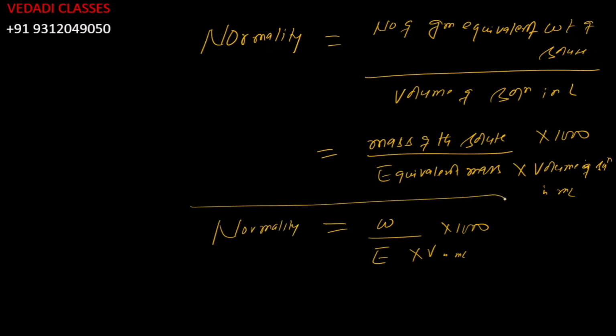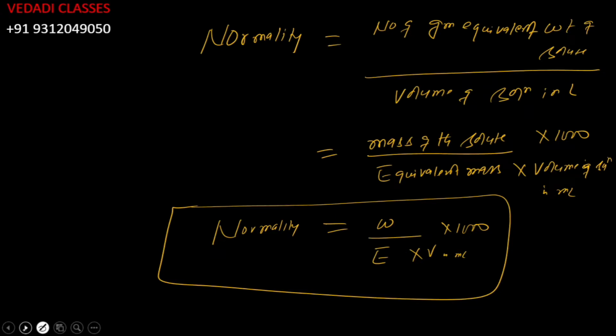So these are the simple things. Now we have to understand what the equivalent weight or equivalent mass is. So first we will understand equivalent mass. I would like to give you three cases.